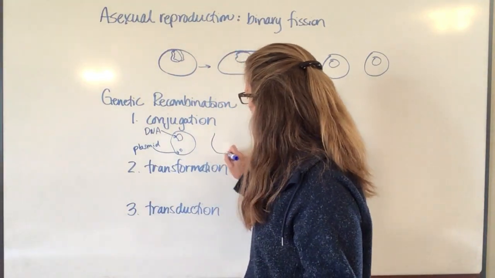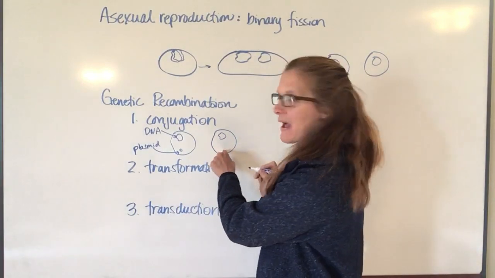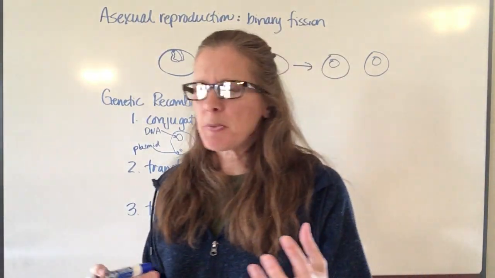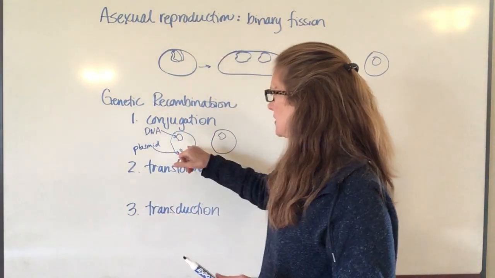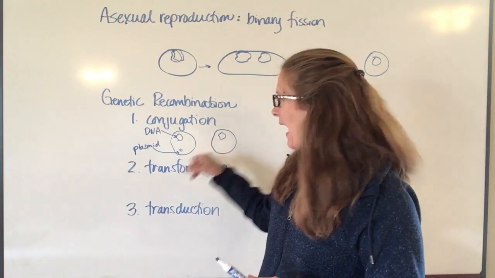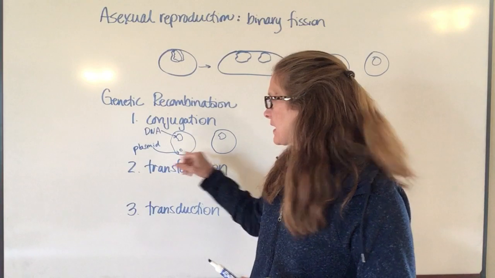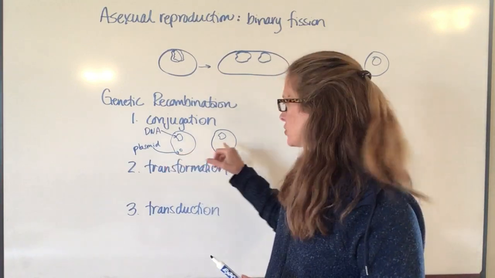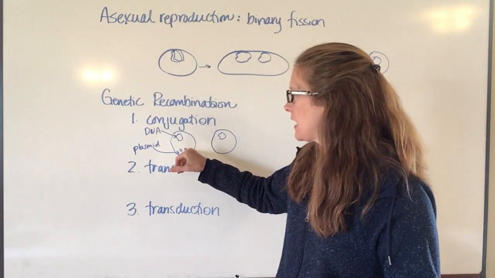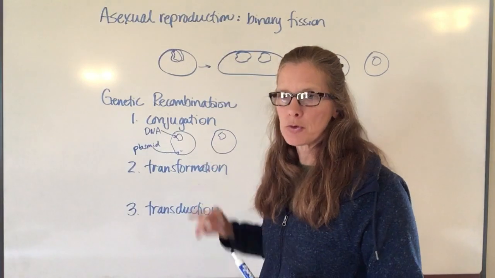Then there's another bacteria over here who has the DNA, but it doesn't have the plasmid. We're not quite sure how all this works, but somehow this bacteria can sense that this one doesn't have this extra piece of DNA. And because this is going to be beneficial for its survival or for its other traits, it wants to donate this additional genetic trait to the other one.